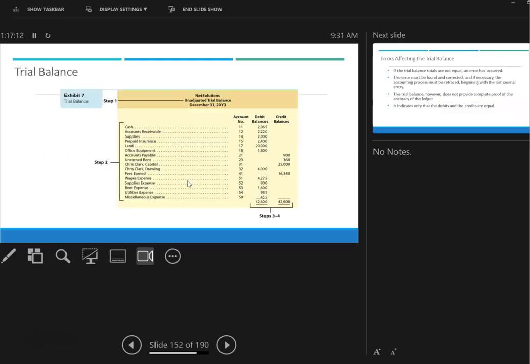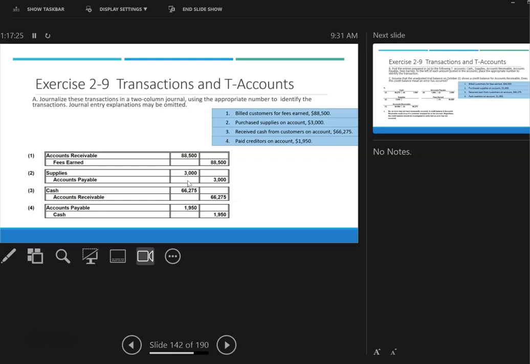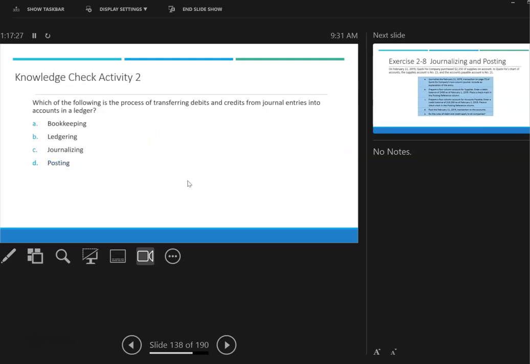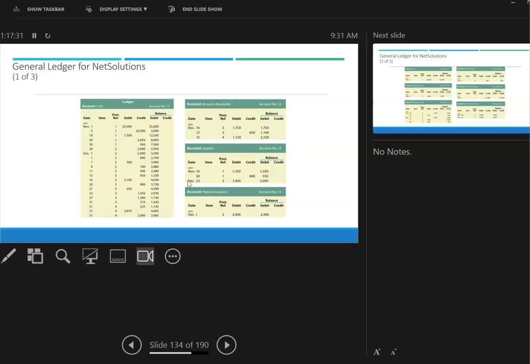And based on the solutions, we show the ending balance of cash as 2,065. Now, where did that come from? See here? That 2,065, the very bottom number?